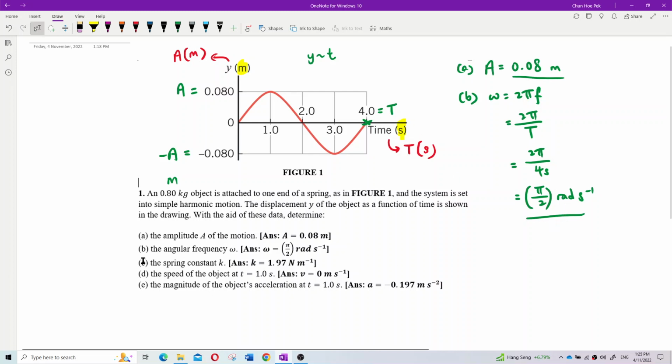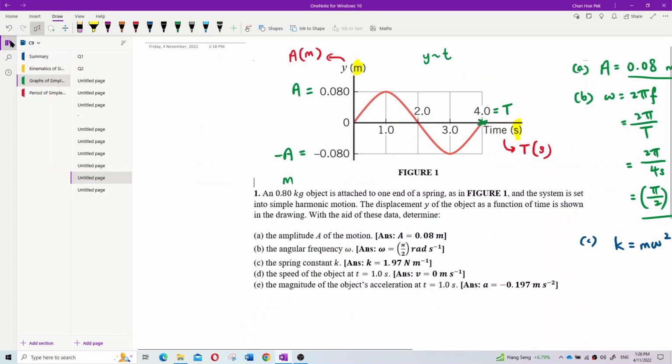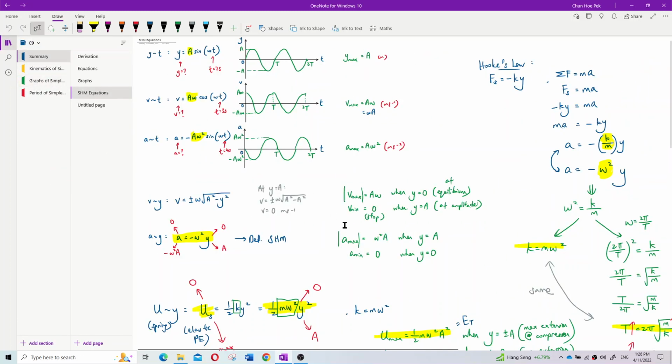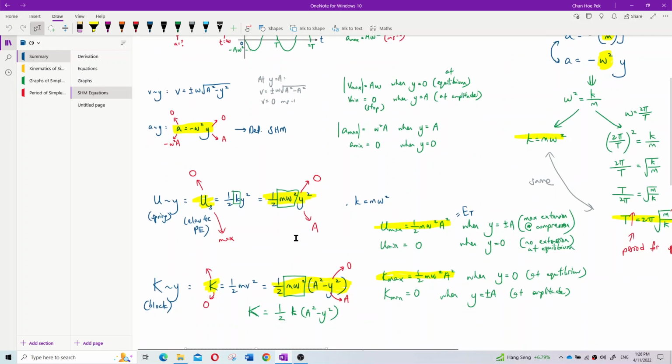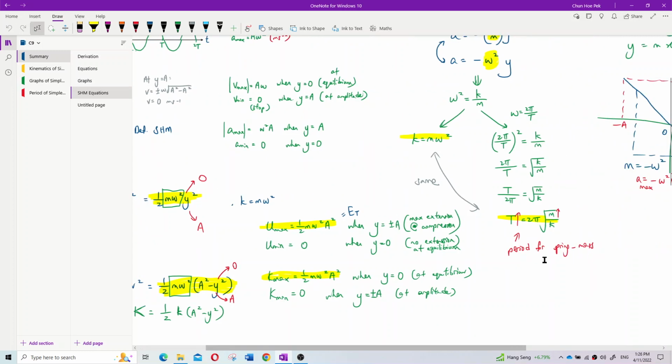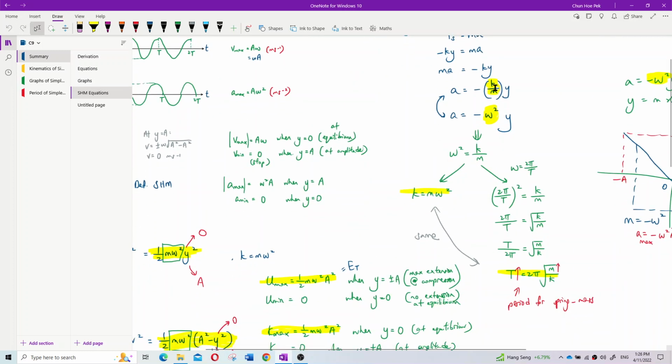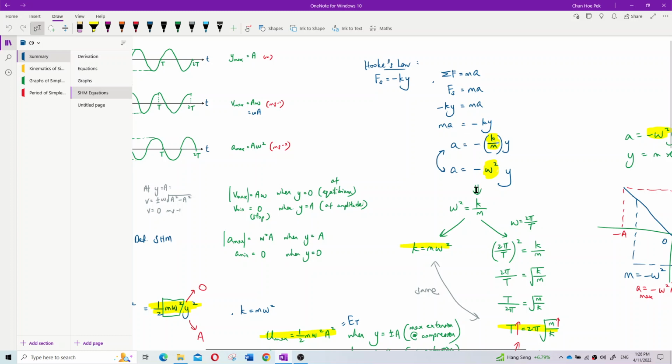That's correct. And then how about the spring constant, K? Question C: do you know that K is equal to m omega square? I did mention it many times in my lecture video. If you want, you can derive it: omega square is K over m, so K becomes m omega square.